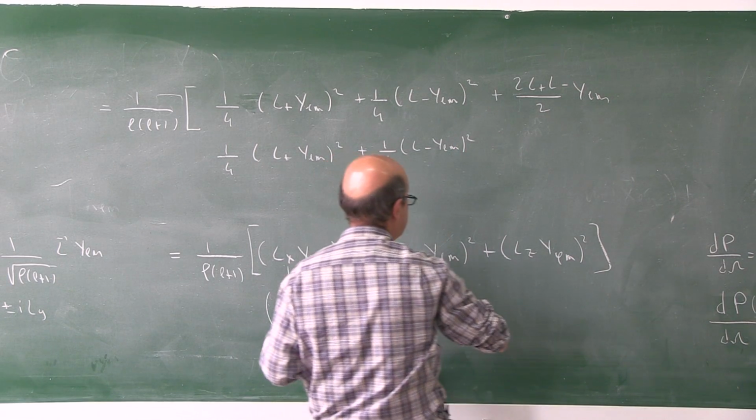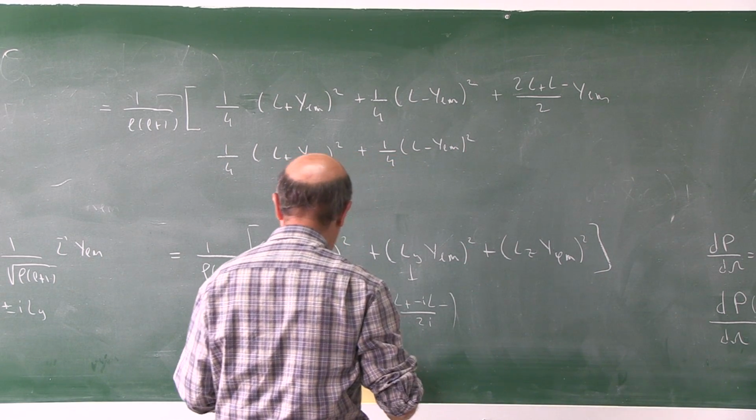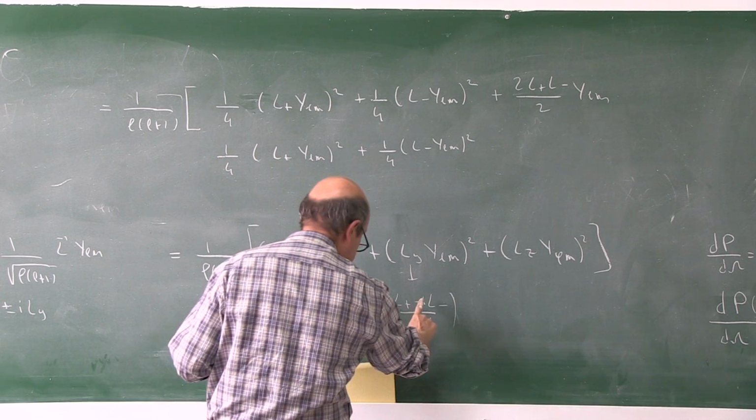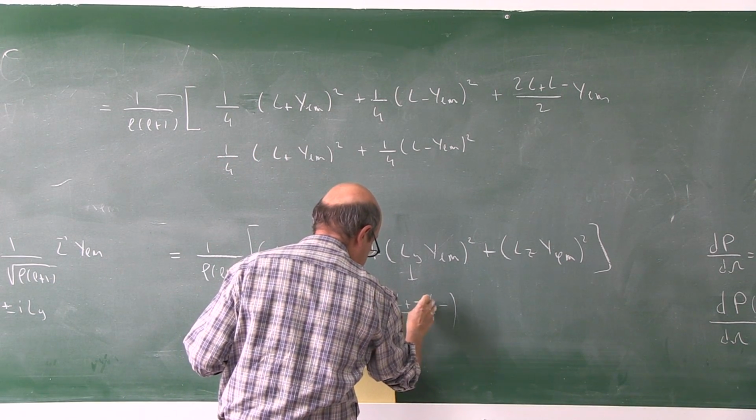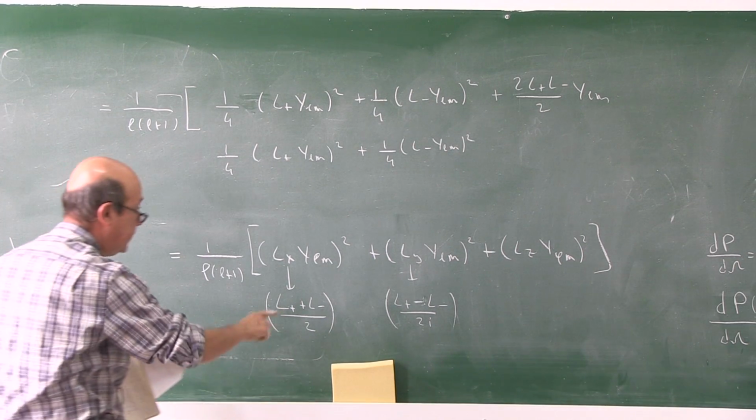The cross terms will be what? This should be only minus, because if you solve from Ly here, you will obtain that.